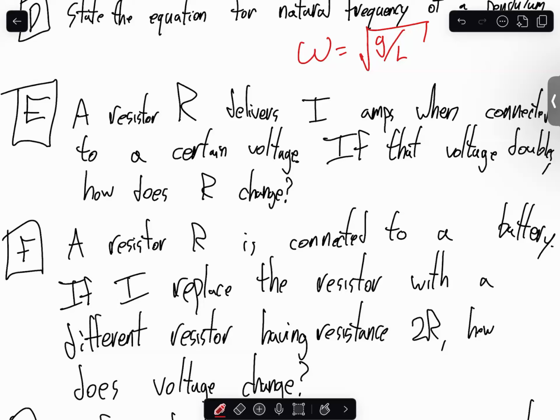Give me your best shot. 3, 2, 1, hit enter. Got a lot of empty space.